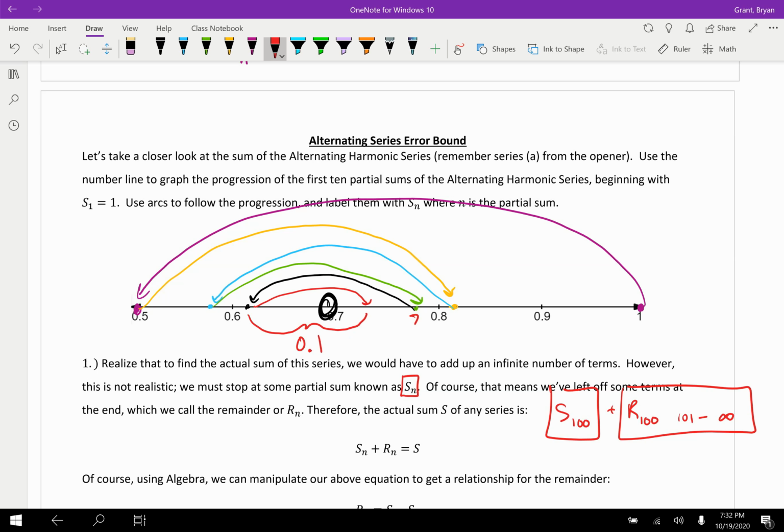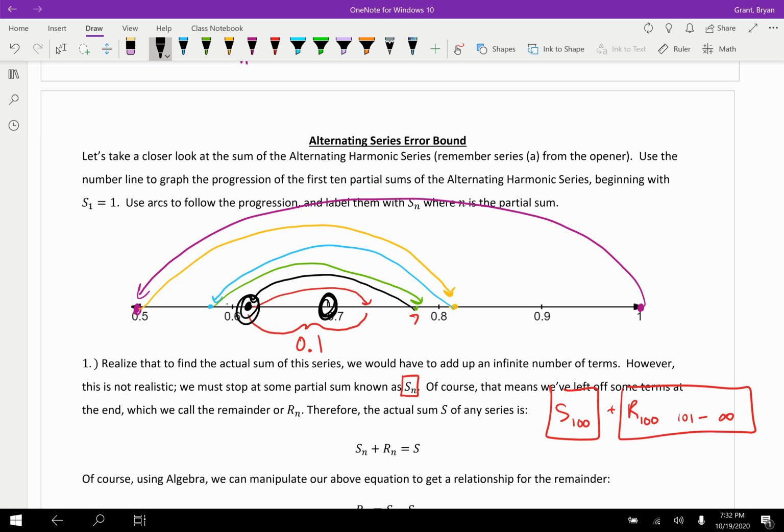Well, what do we know about adding on 0.1 to where we started here? If we add it on, it brings us too far. Again, I'm calling this 0.62, I think it was 0.63, but that's fine. If we add 0.1 onto it, we know our answer is going to be too big.